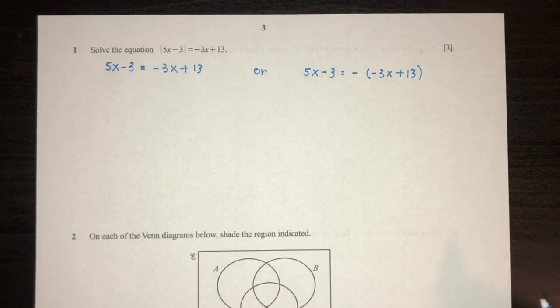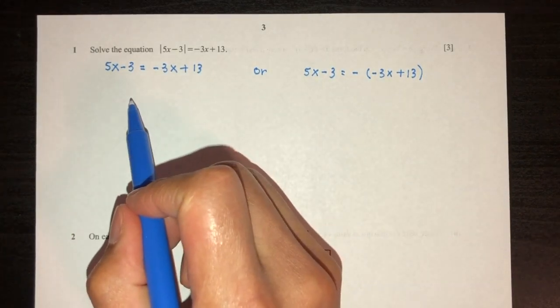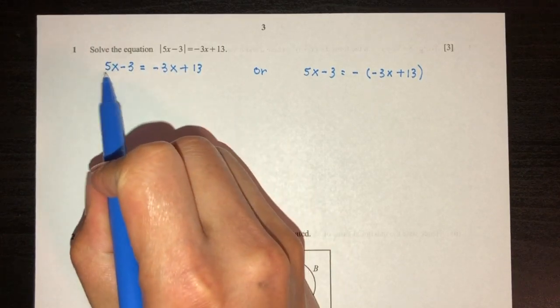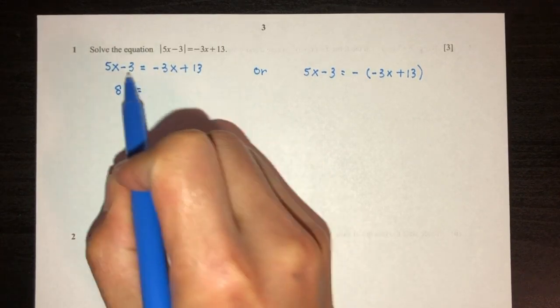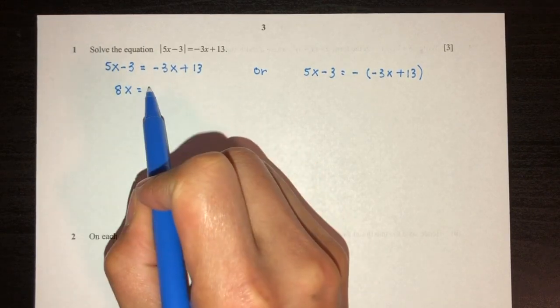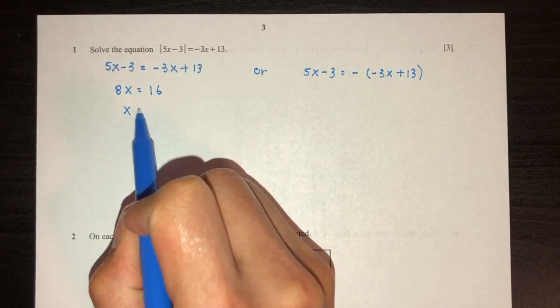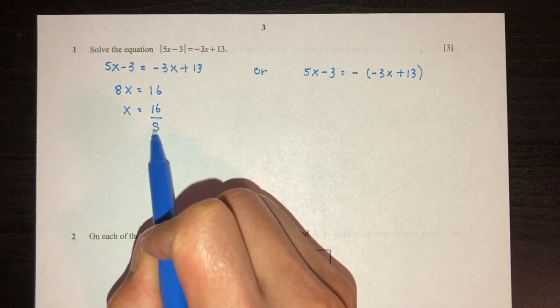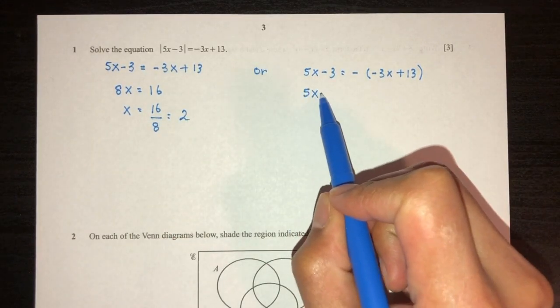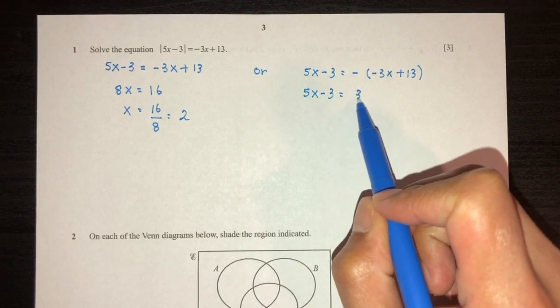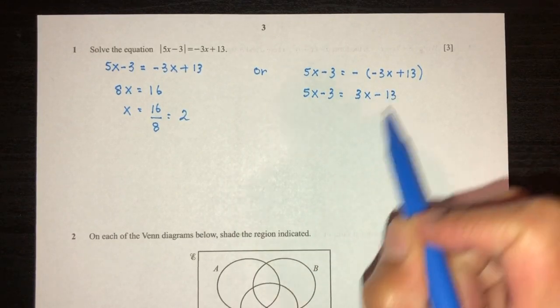So let's solve one by one. So let's send all the x to one side. 5 plus 3, that will be 8x, is equal to 3 plus 13, that will be 16. X will be 16 divided by 8, and that will be 2. Now here, same thing, we have to expand the bracket first. You will have 3x minus 13.